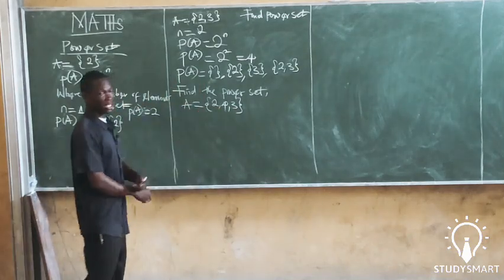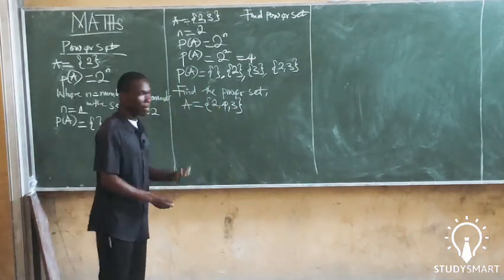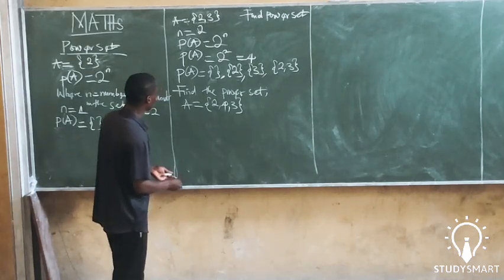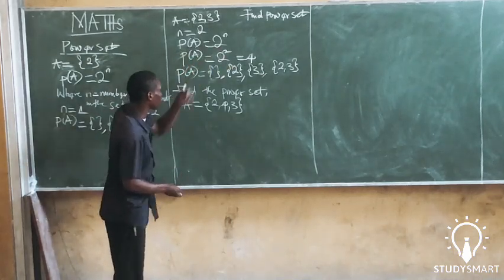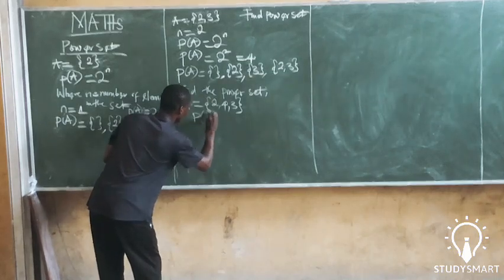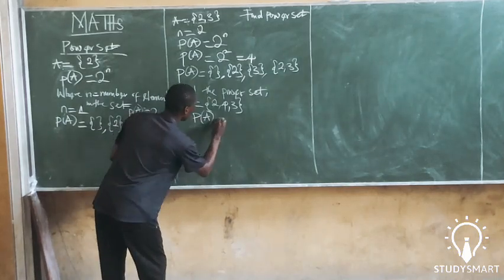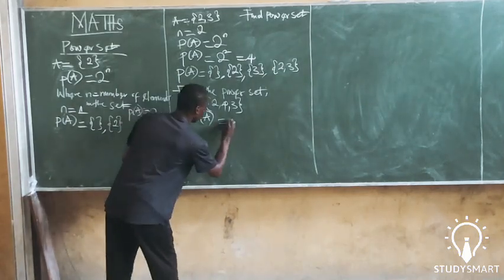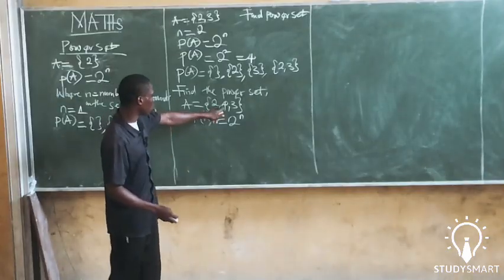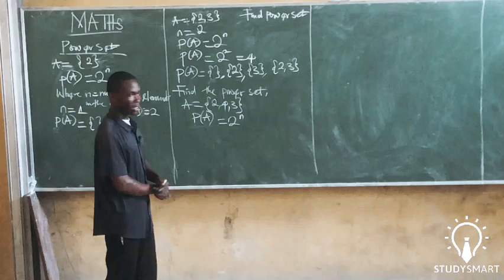So how do we find the power set when we have 3 elements in the set? First of all, we are going to write down our formula, which is the power set of A equal to 2 raised to power n. Here our n is what? 1, 2, 3. Our n is 3.